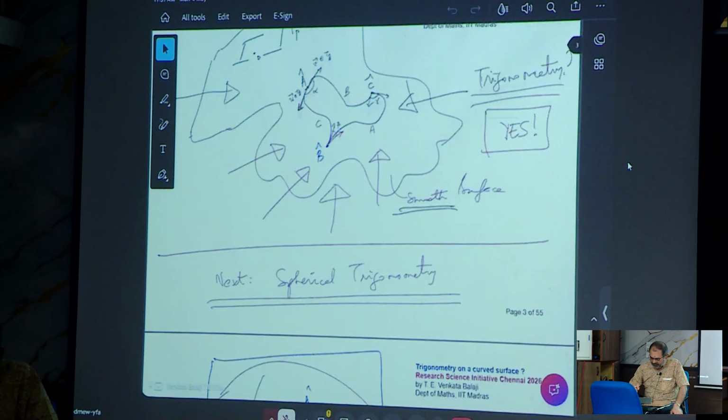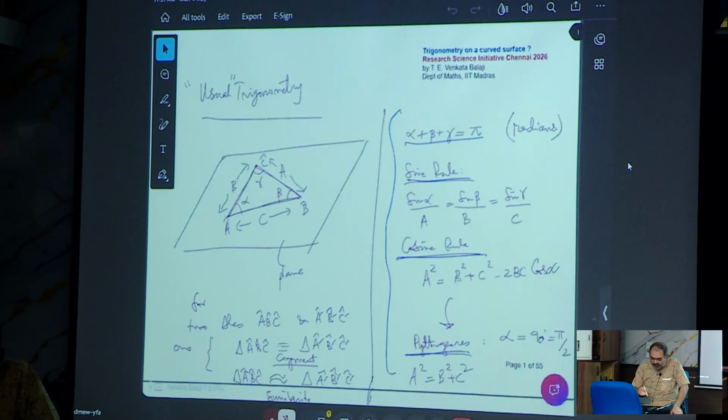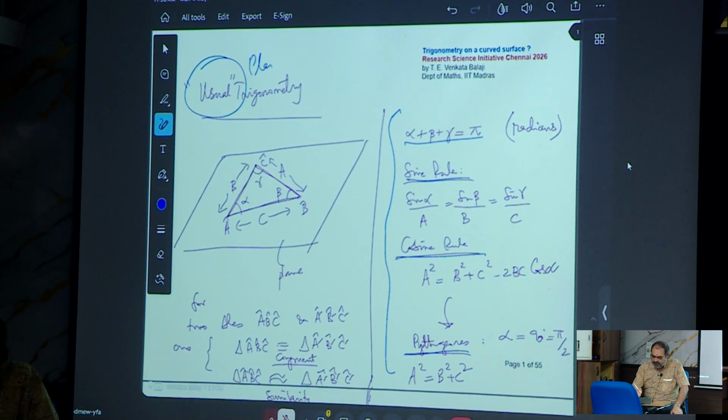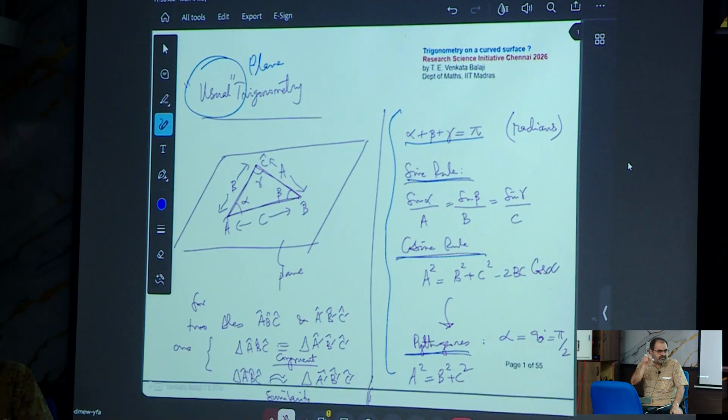To quickly tell you what we saw there: the usual trigonometry, which means plane trigonometry, deals with triangles on the plane, and the important variables are the sides of the triangle, which mean the lengths of the sides, and the three interior angles of the triangle.